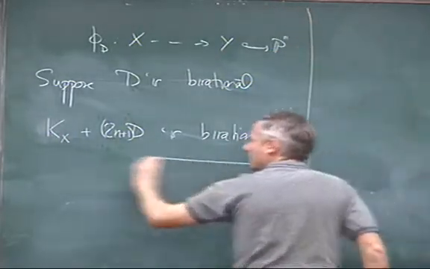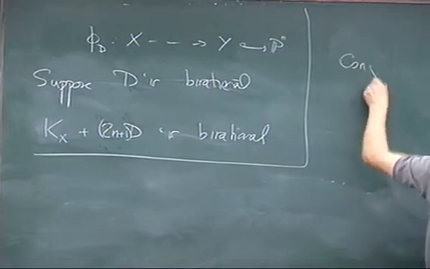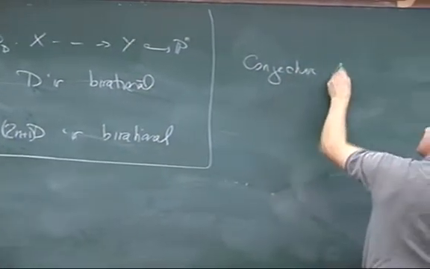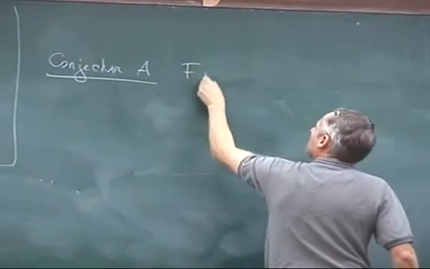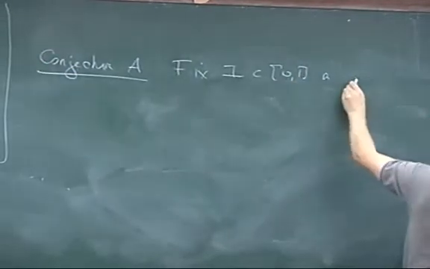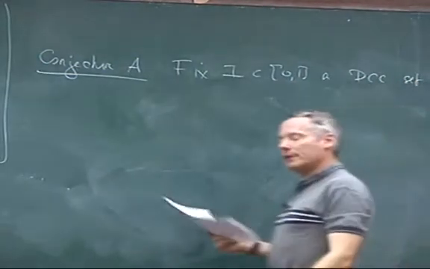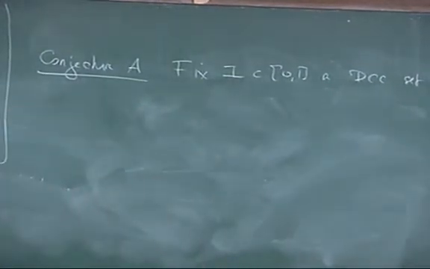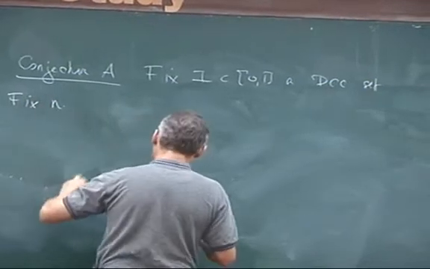Okay, so how am I going to use this? So let me start off by stating a conjecture. Conjecture A, just so I can write down a theorem involving Conjecture A. So fix a DCC set, for example, R minus 1 over R. And then again, fix the dimension.